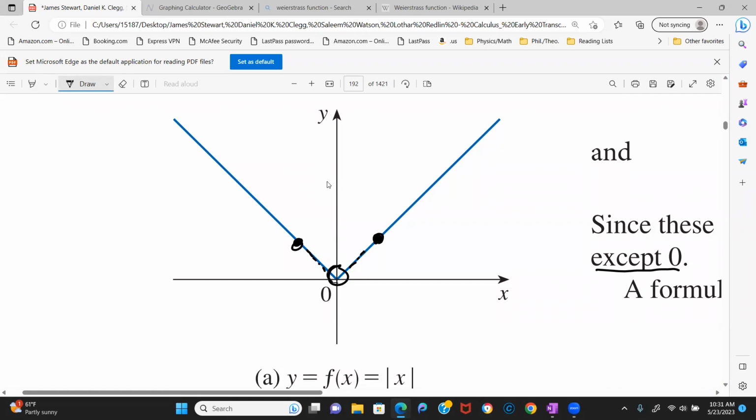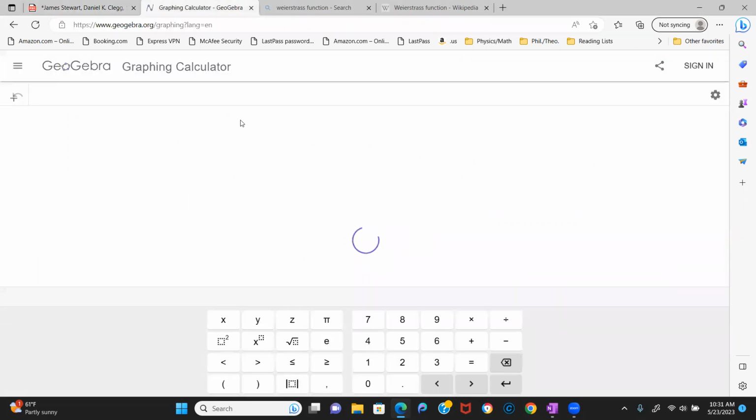kinks like this correspond to points where you're not differentiable. Because if you consider tangent lines on the left or the right of that kink, you're going to get different numbers. One number will be positive, one number will be negative, depending on the type of kink. And you get that if you, let's see, I used this GeoGebra here.